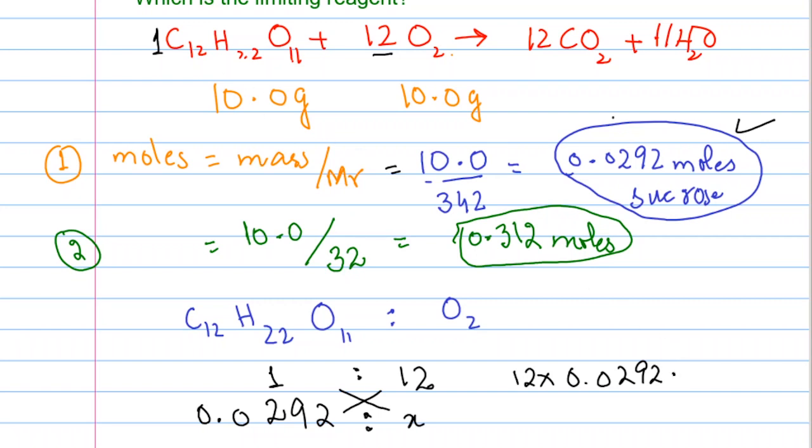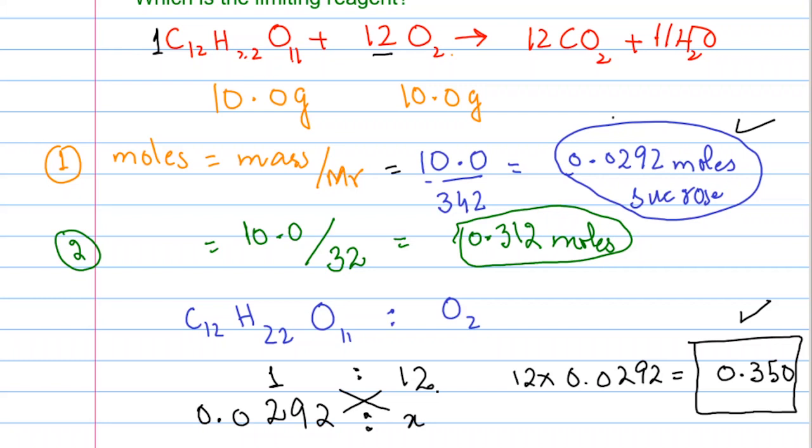So 0.350 moles of oxygen are required to react with the sucrose to form all the products. Now we will check after comparing the value of oxygen.